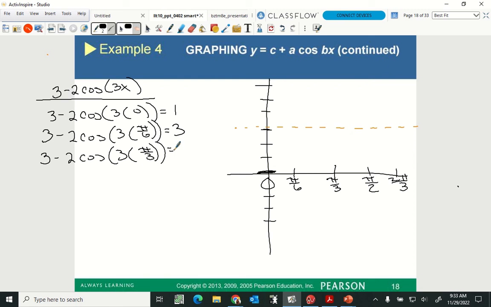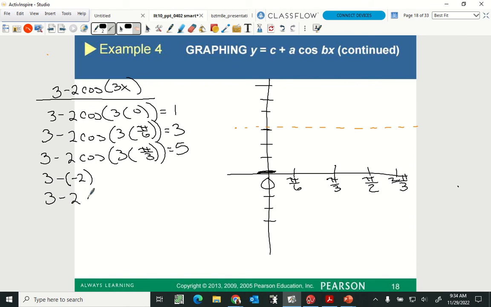So I have 2 times -1, which is -2. So it's going to look like this. It's going to be 3 minus -2, right? Yes? So our mental math, you guys got to think about this. Because this came up with a -2 now, right? Minus a negative becomes a positive, so it becomes plus. So now it's going to be 3 plus 2, which gives me 5. Okay?